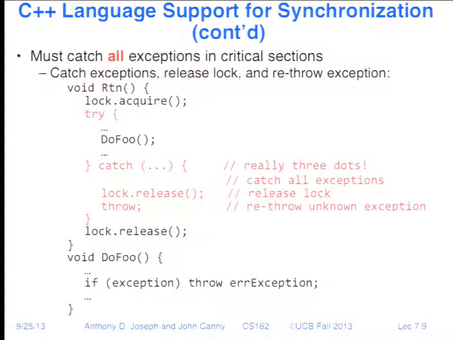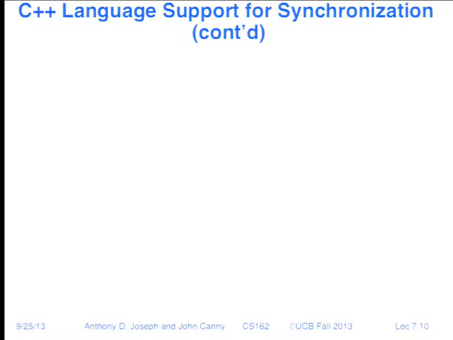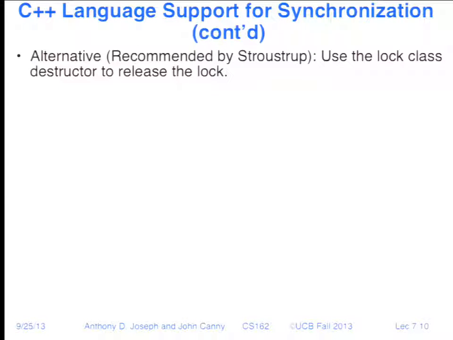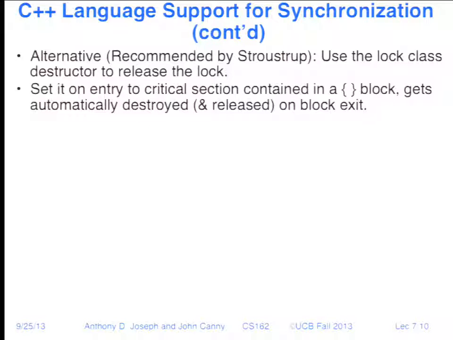So there's a different approach, which is recommended by Bjarne Stroustrup, which is using the support that's built into the language for unwinding the stack when there is an exception. In C++, you have constructors and destructors for objects.